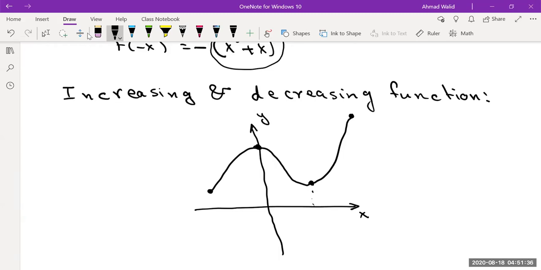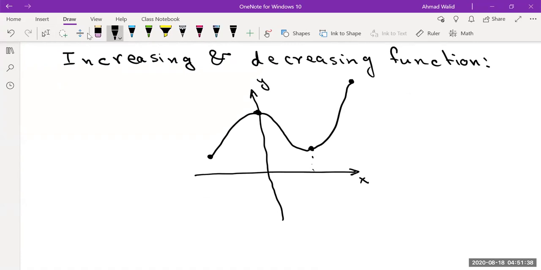To explain it in this graph, consider the left side of this graph, correct? If I name this point x1, definitely the value on the y-axis I can call f of x1, or y1.